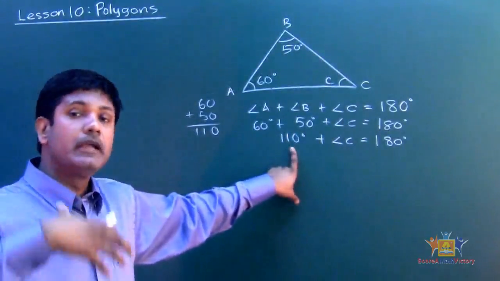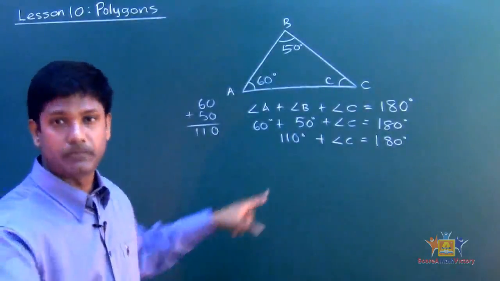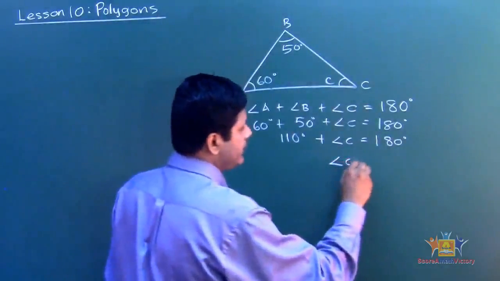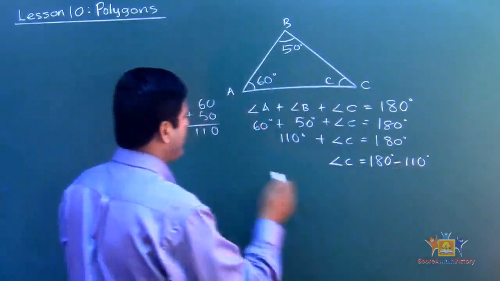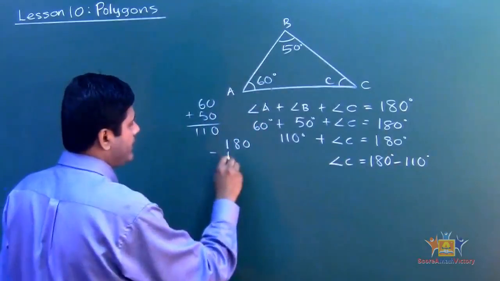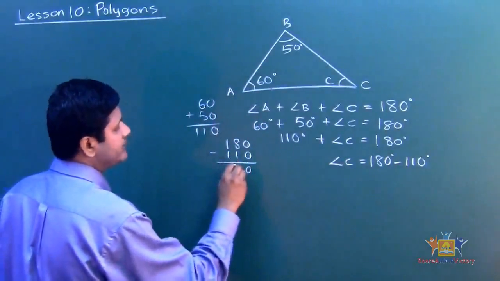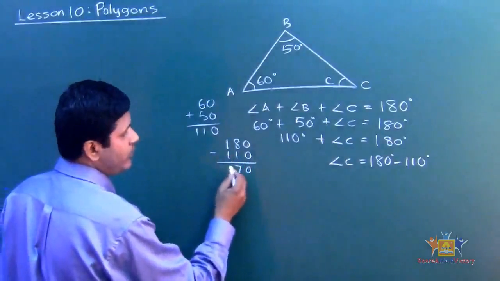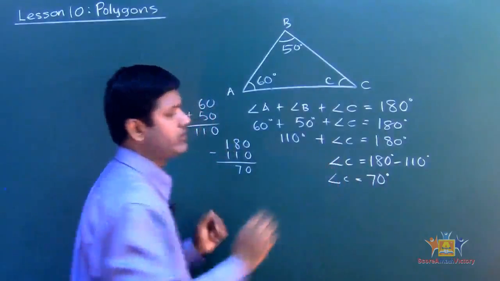Cross the bridge. 110 is adding to angle C, so crossing the bridge becomes subtraction. Angle C equals 180 minus 110: 0 minus 0 is 0, 8 minus 1 is 7, 1 minus 1 is 0. That means angle C equals 70 degrees.